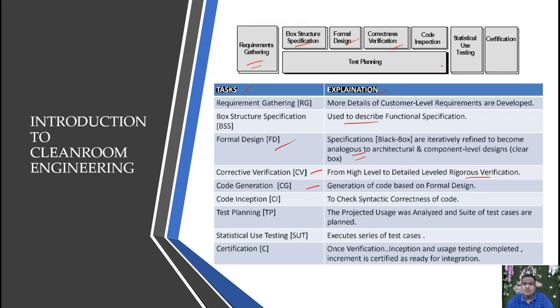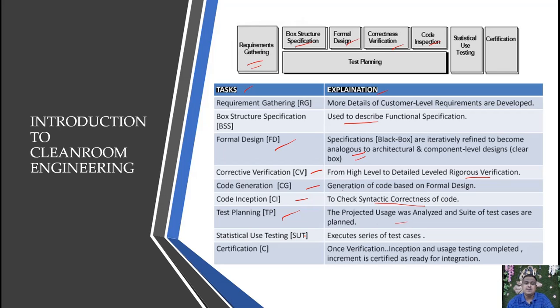Code generation, CG: generation of code based on the formal design, and code inspection happens next to check the systematic correctness of the code. Then test planning, TP: the projected usage is analyzed and a suite of test cases is planned.